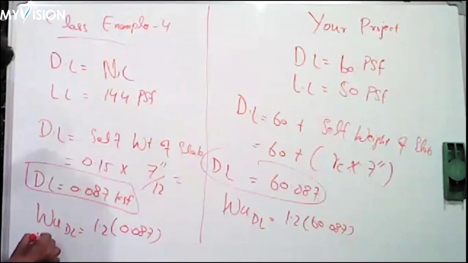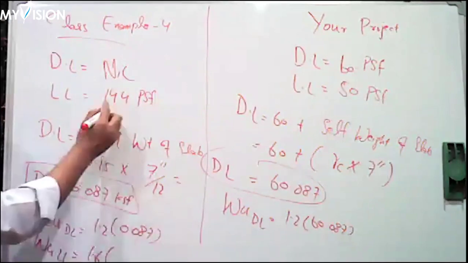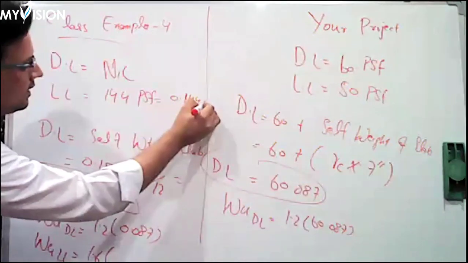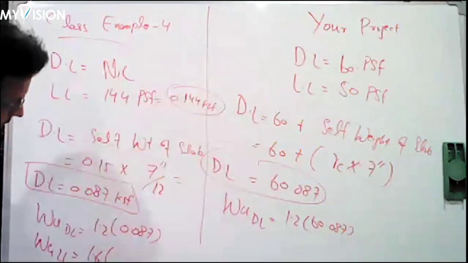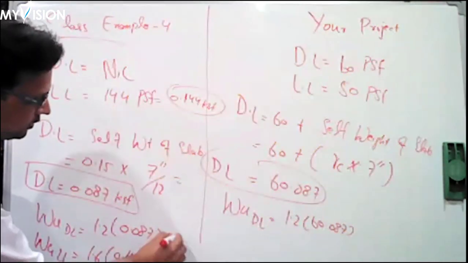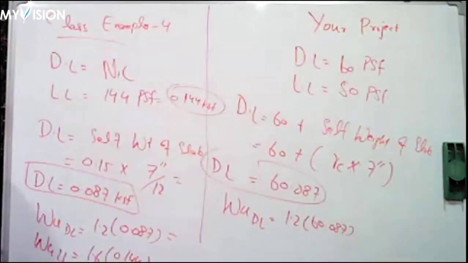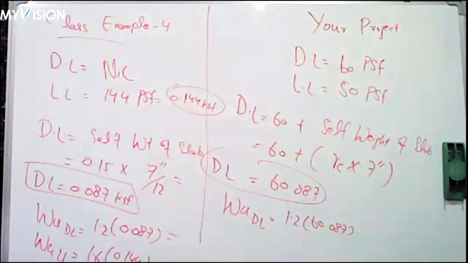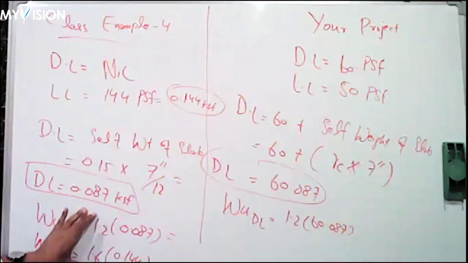Similarly for live load, Wu live load equals 1.6 times the live load, which is 0.144 KSF. Put 0.144 here and you will get the Wu live load. Clear? Do you have any question? The total Wu is the summation of these two values. Add them together and you will get the total Wu.